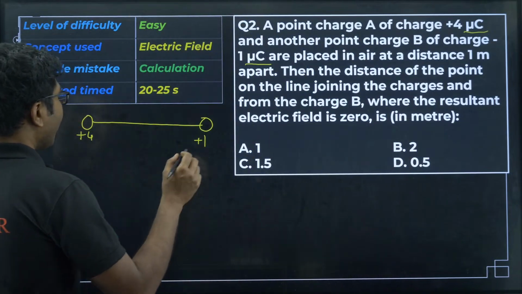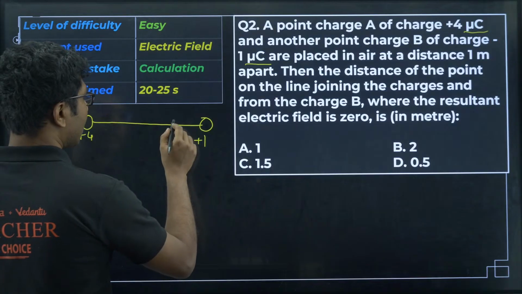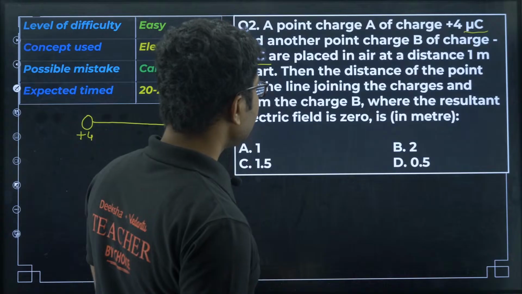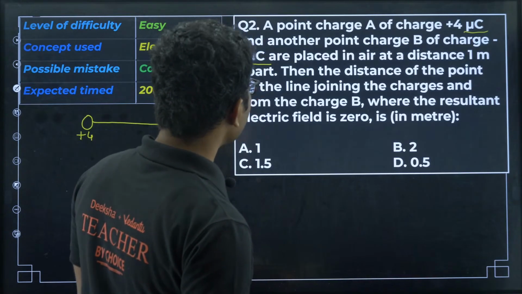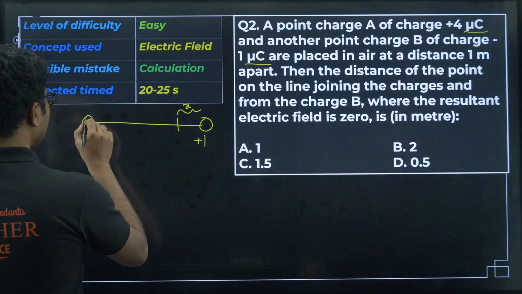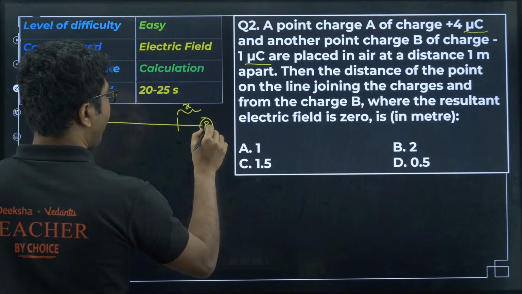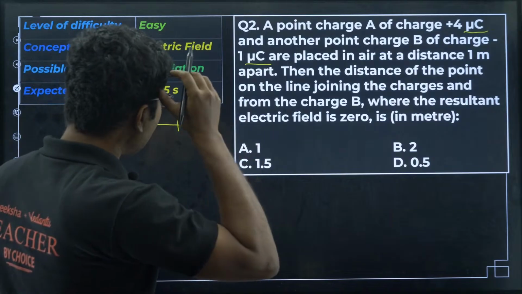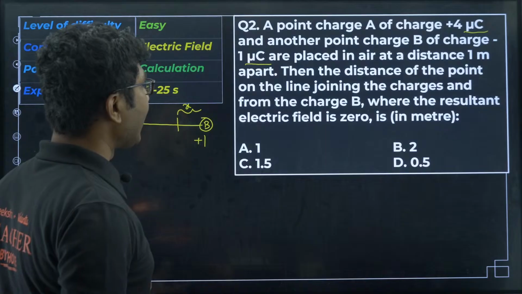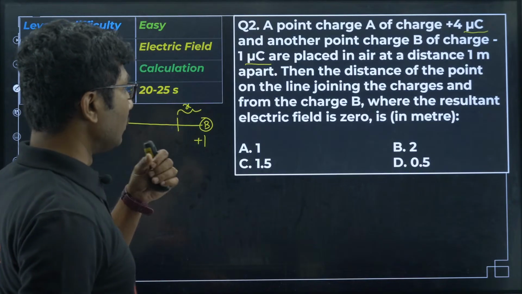So suppose, because it is a charge, suppose this is the distance from the charge B. So from the charge B, suppose this is x, so this is charge A, this is charge B. From the charge A and charge B, say the distance is x; you have to find where they are 0.